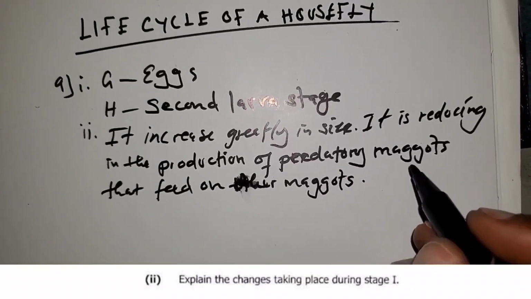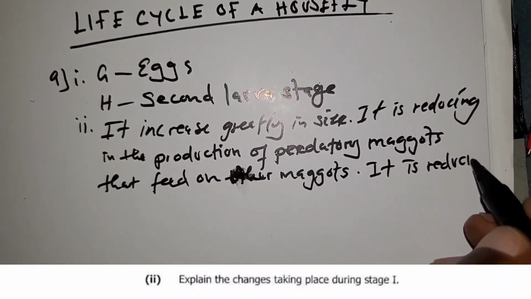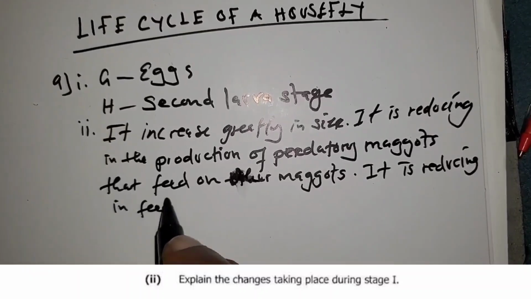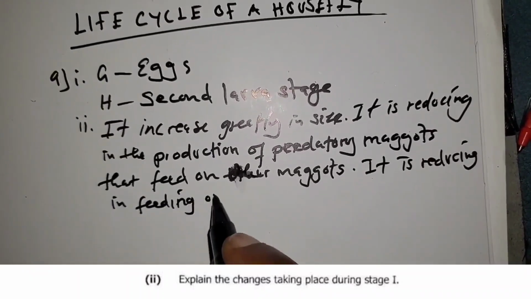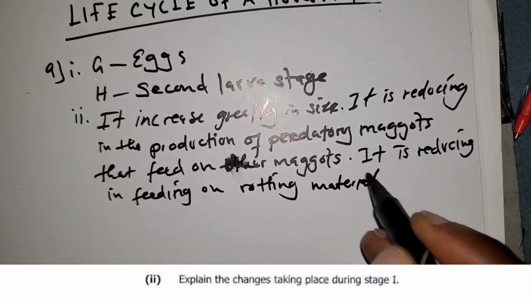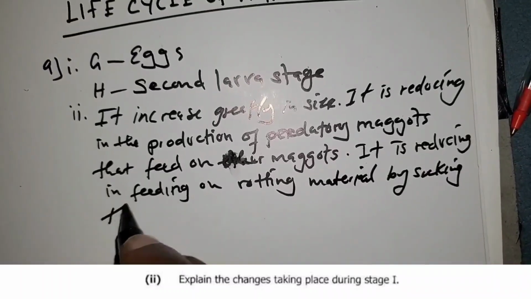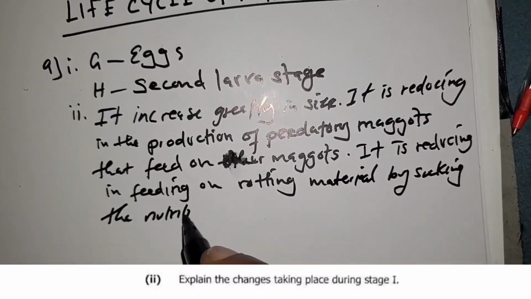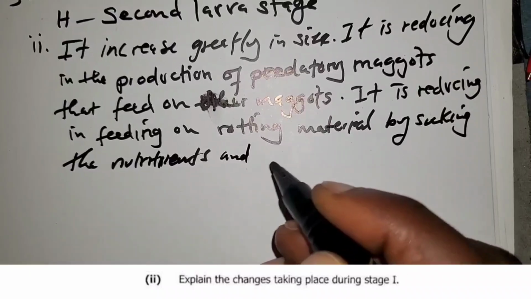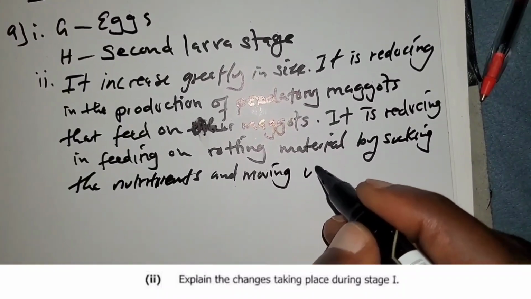Another important information that you need to know is that it is reducing in feeding on the rotting material by sucking the nutrients, and also it starts moving using its pads.